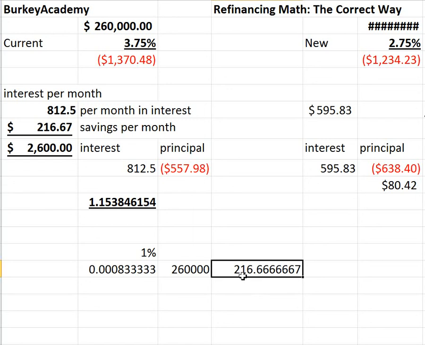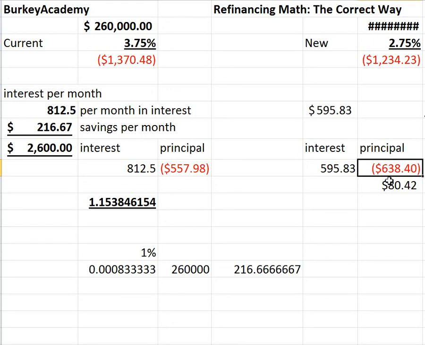Now, that being said, I just have to say one more thing, that as your balance goes down, right, each month, well, let's just look at the first month. In the first month, if you refinance, your principal will go down $638. So now you're not going to owe the bank $260,000 anymore. You're going to owe the bank $259,362 roughly, right?